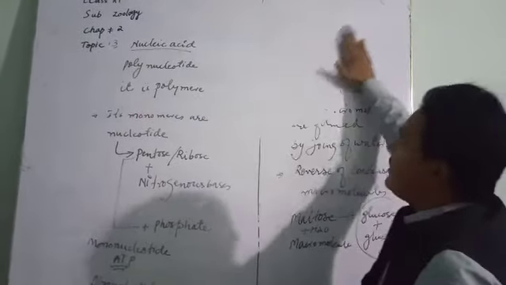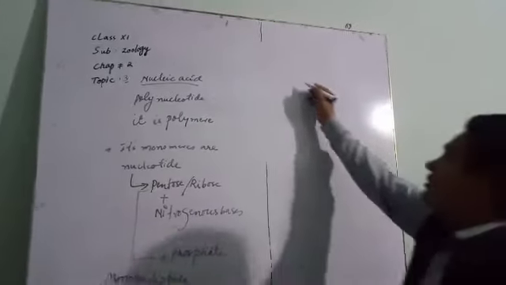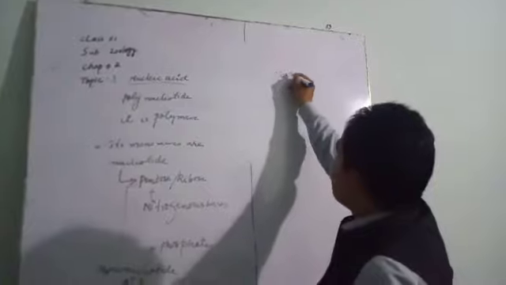Nucleic acid, the polymer, was first discovered by Friedrich Miescher. The first discovery of the nucleic acid was from pus cells.